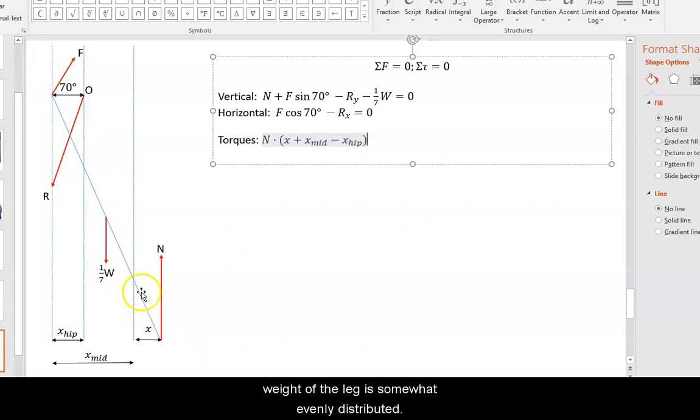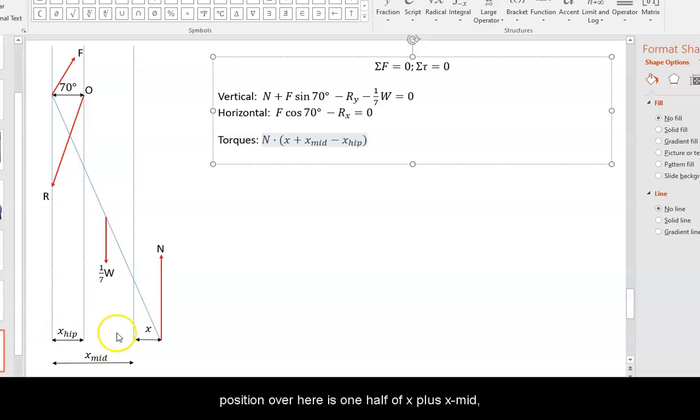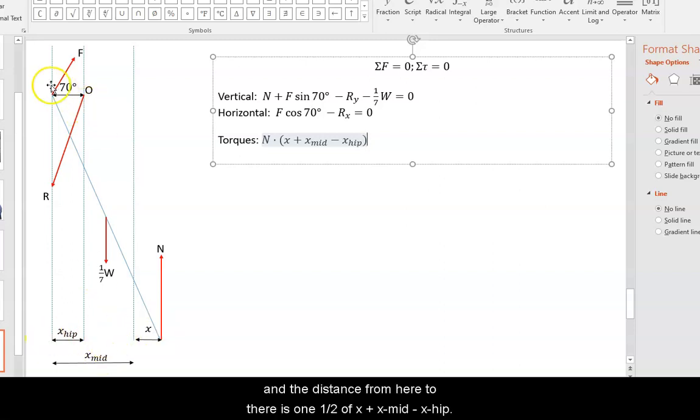Not quite true, but we're going to make that assumption to simplify our lives here. And so with that assumption in place, that means this position over to here is 1/2 of x plus x mid. And the distance from here to there is 1/2 of x plus x mid minus x hip, right?